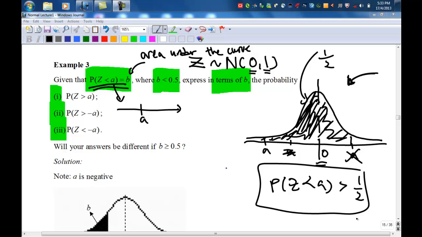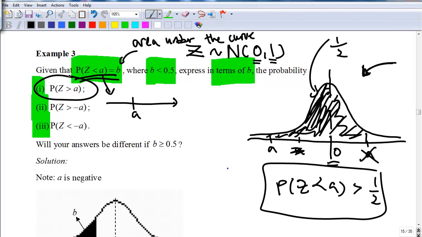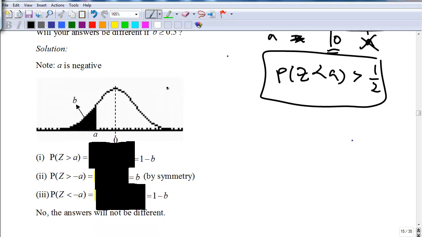Let's look at part 1. You're asked to find probability Z bigger than A. This is a nicer looking diagram than the one I have drawn, but essentially it's the same one.